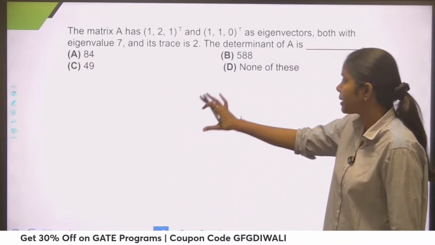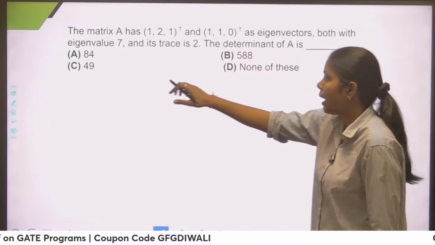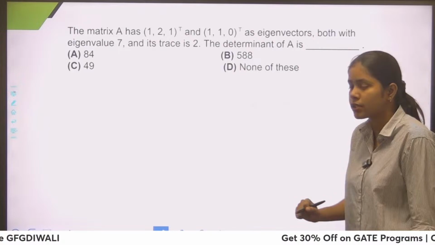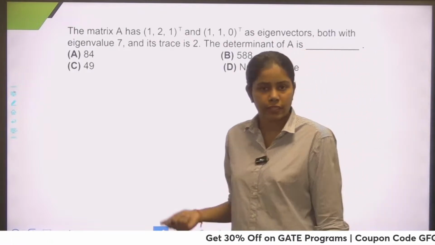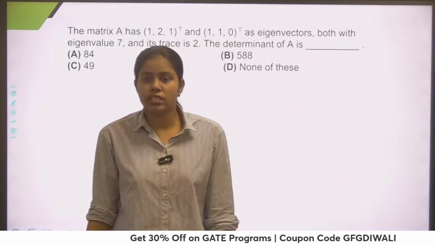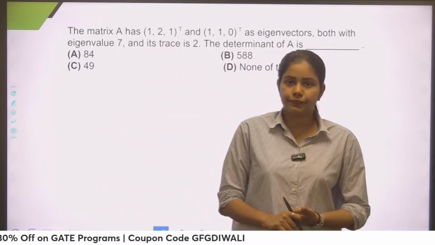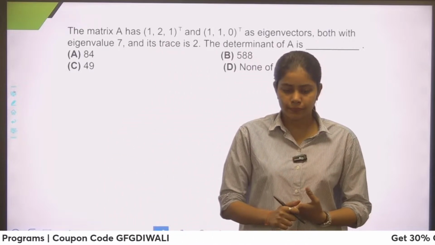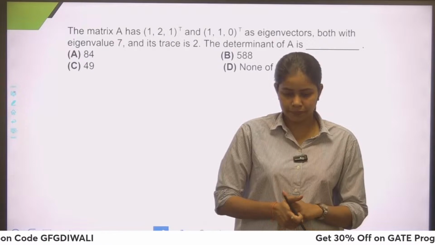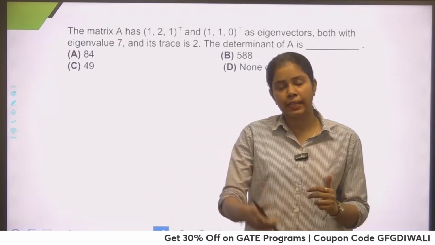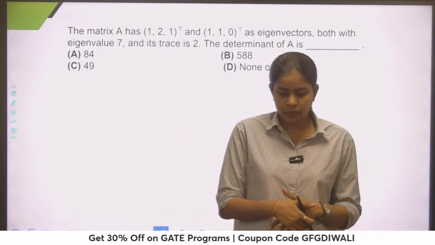We have a matrix A which has two eigenvectors and both have eigenvalue 7, right? And we are given trace 2. Now they are asking to find out the determinant of A. So just let me know what would be the determinant here. Think about it, guys, and let me know what would be the answer.